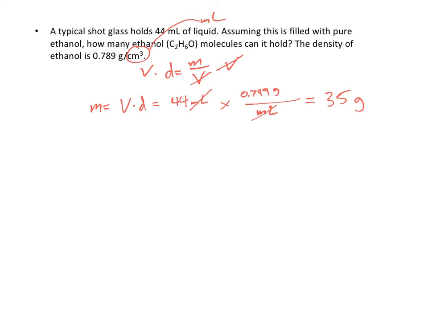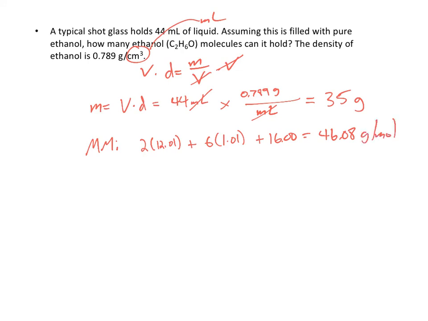So to get the moles, I need the molar mass. For the molar mass, I have 2 carbons, 6 hydrogens, and an oxygen. So that has a molar mass of 46.08 grams per mole.